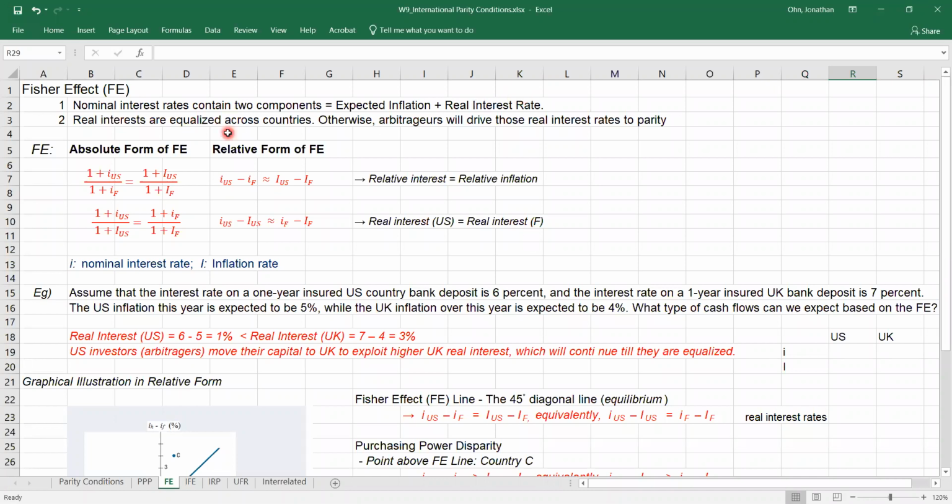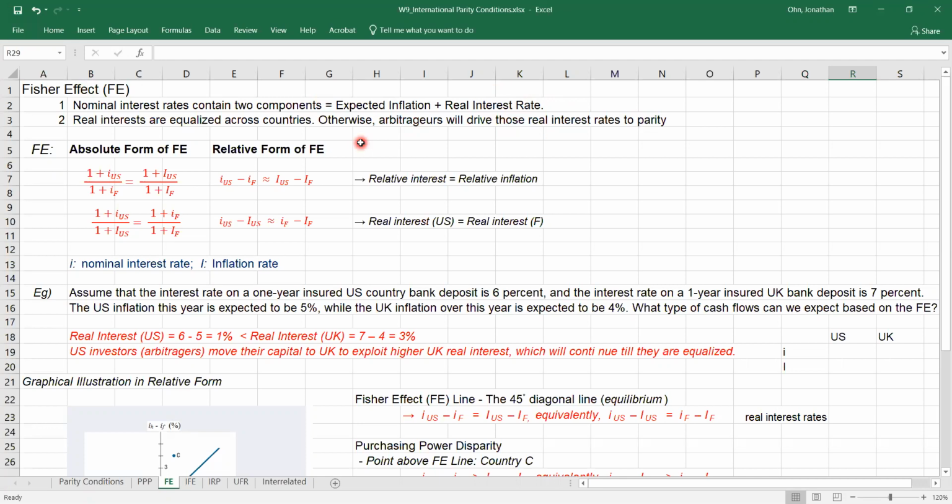Now, real interest rates usually are equalized across countries. Otherwise, arbitrageurs will drive the real interest rate to parity. So this story, that is the Fisher effect. Actually, it's a theory in economics about the nominal and the real interest rate. Real interest rate comes from there.